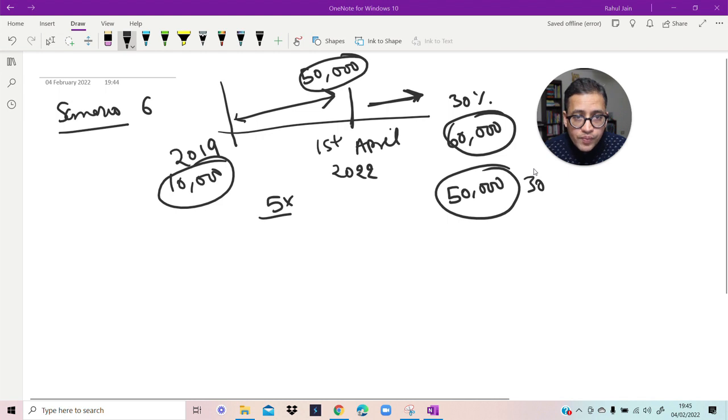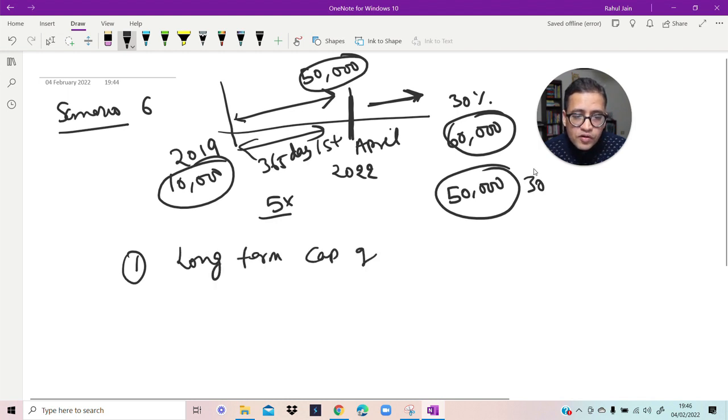However, if they try and sell it prior to this date, then this duration is longer than 365 days. So the first view says that they need to pay long-term capital gains. As per the long-term capital gain, they will have 40,000 rupees as their income if they sell at 50,000 before this, 50,000 minus 10,000.